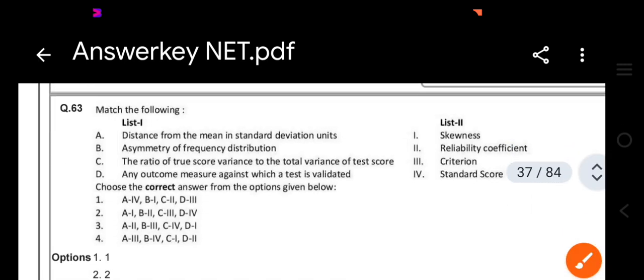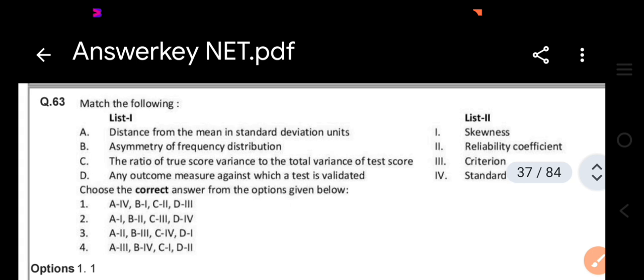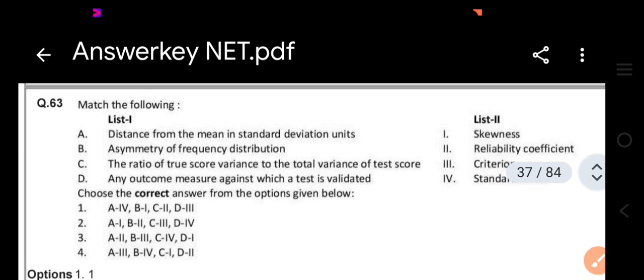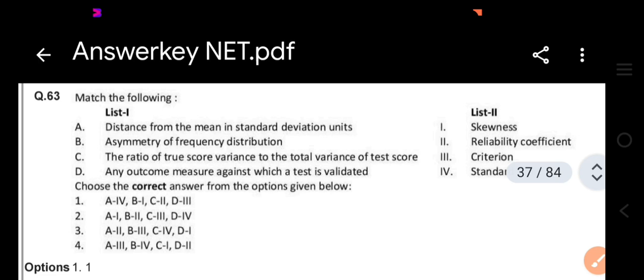Now the question is very interesting, related again to statistical techniques. We will go one by one. Distance from the mean in standard deviation units is called a standard score, so option 1 matches.